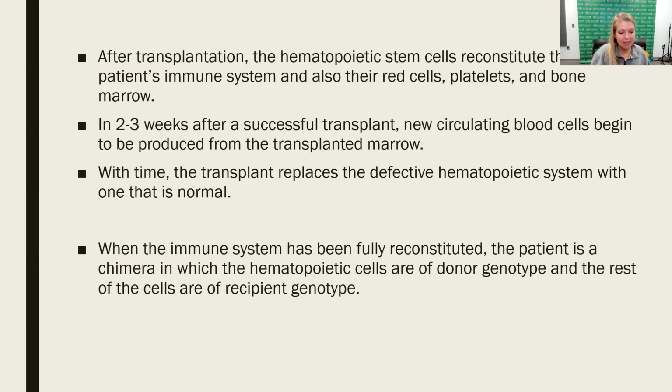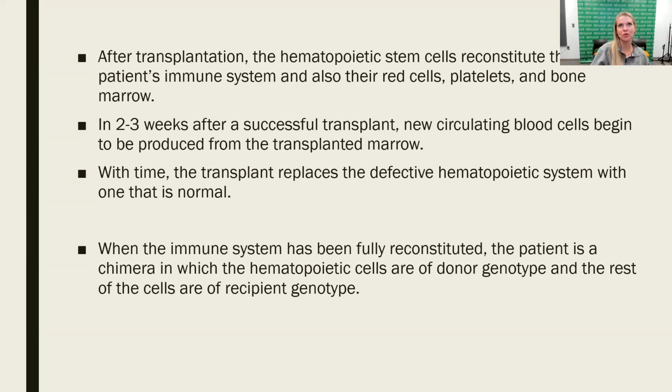When that immune system has been fully reconstituted, the patient, the recipient, is known as a chimera because they have hematopoietic cells that are of donor origin, but all the rest of the cells of the body have the genetic profile of the recipient.